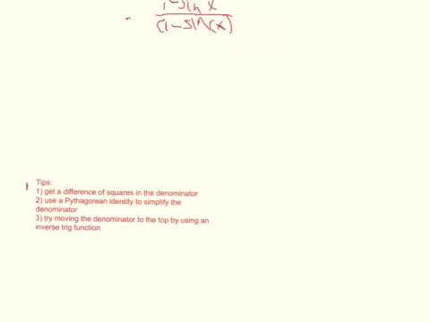That's the same as multiplying by 1, but it looks really nice when we multiply it out. So we get 1 minus sine x in our numerator, because we are just multiplying across with fractions, and in our denominator, we're going to get 1 minus sine squared x.